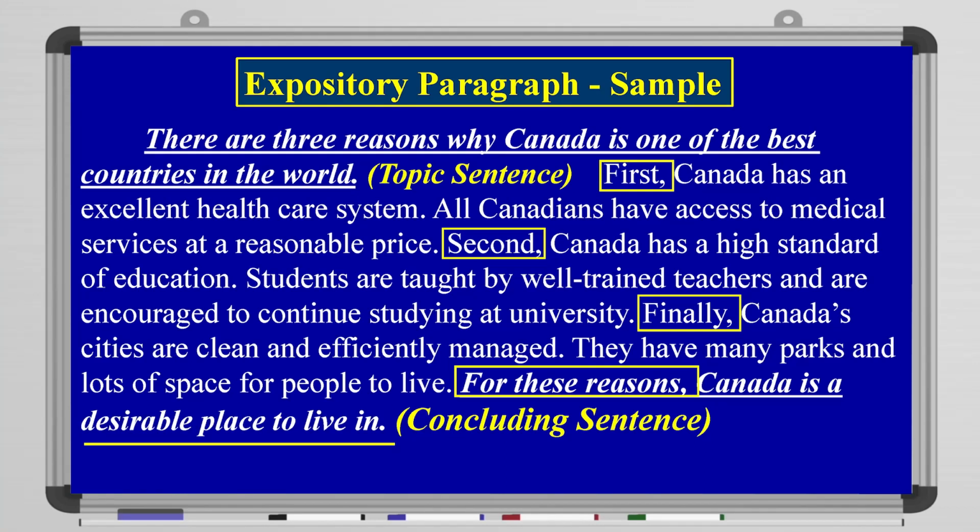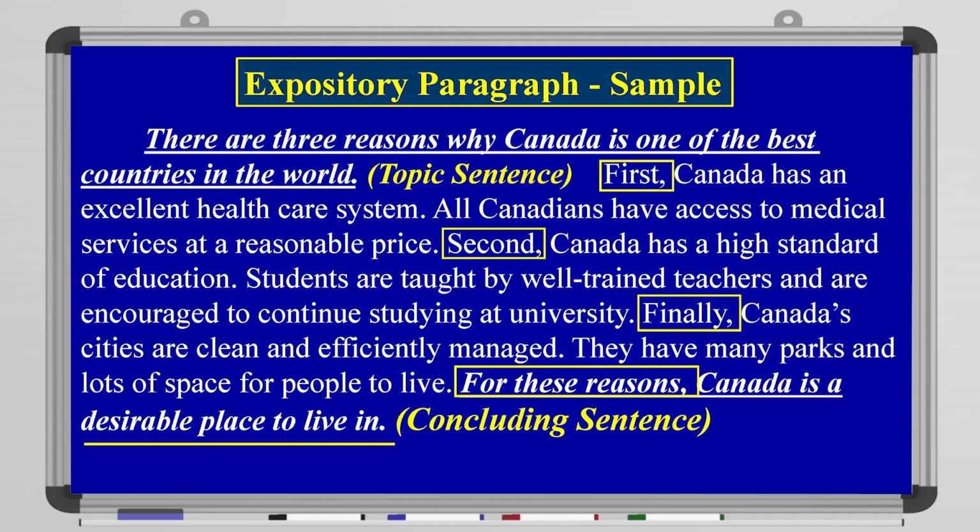Now, let's take a look at a sample paragraph from an expository essay. There are 3 reasons why Canada is one of the best countries in the world. So here, this is the topic sentence. First, Canada has an excellent healthcare system. All Canadians have access to medical services at a reasonable price.